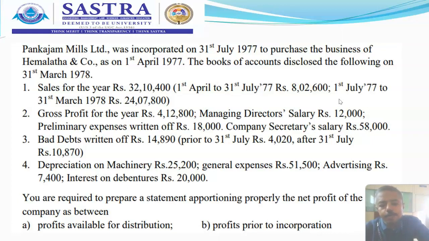So 2/3 of 25,200 is 16,800. Likewise, the depreciation on machinery can be apportioned between pre-incorporation and post-incorporation.